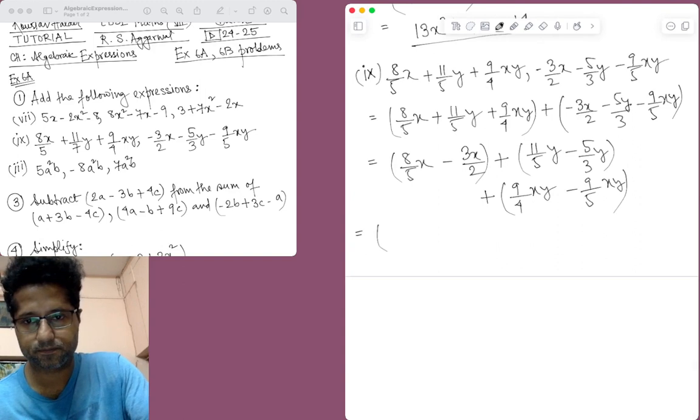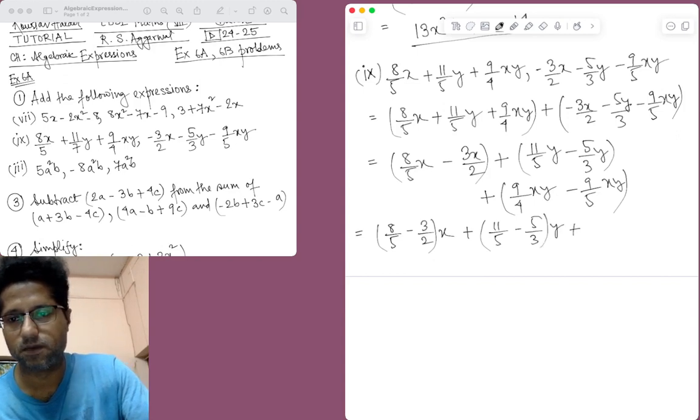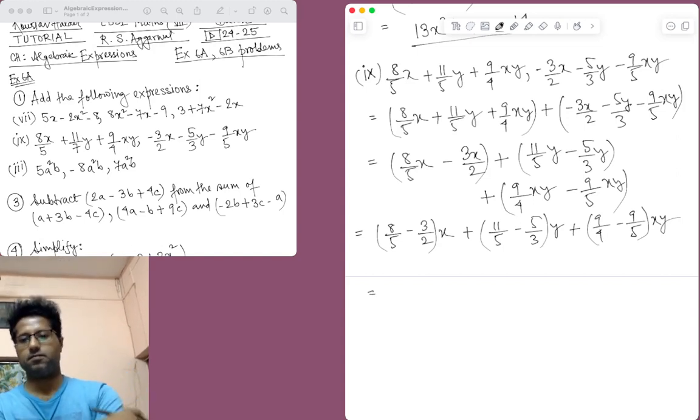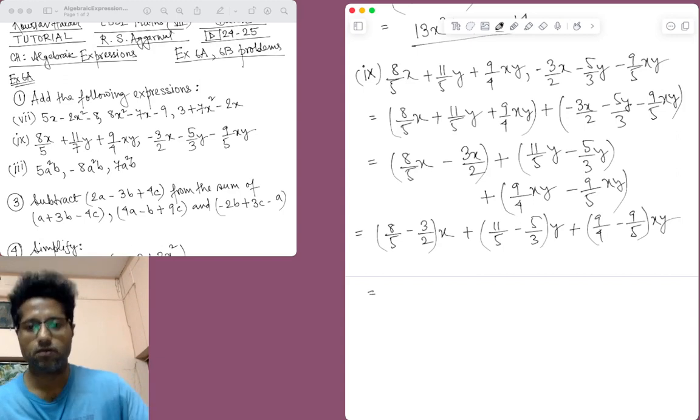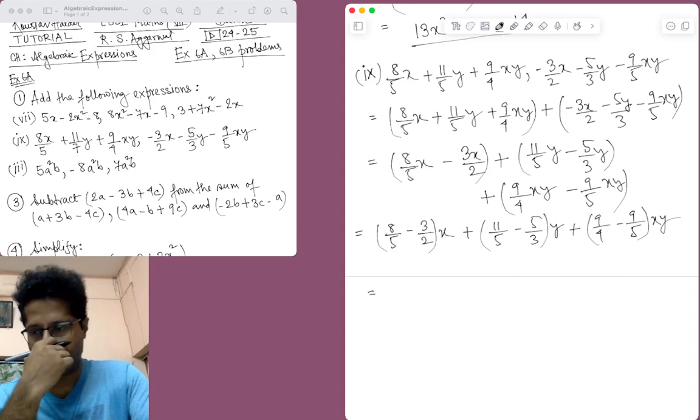So now we have to simplify and add the like terms. We get 8 by 5 minus 3 by 2 x, and this becomes 11 by 5 minus 5 by 3 y, and this becomes 9 by 4 minus 9 by 5 xy. Now you have to find the difference of all these rational numbers. Let's quickly do it. The LCM of 5 and 2 is 10.